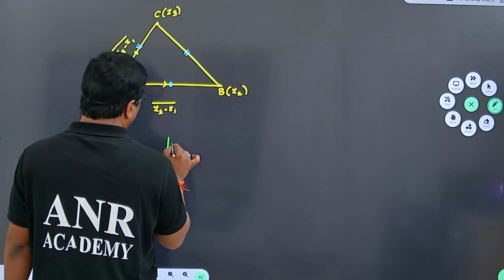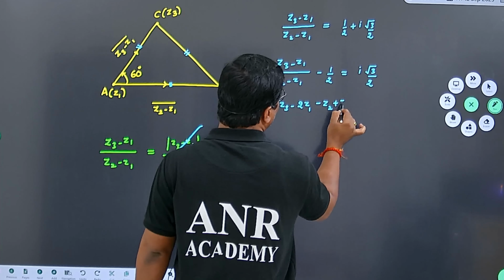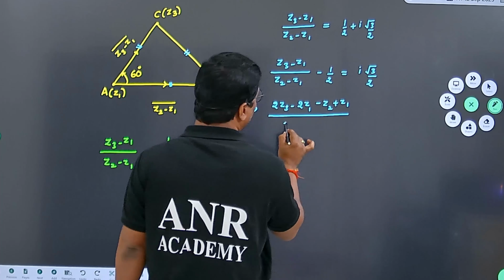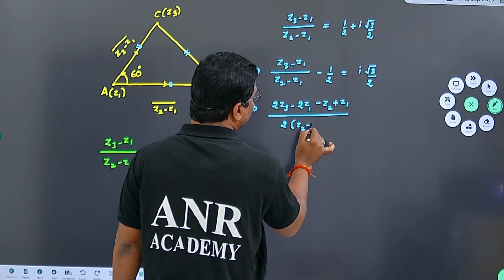Z3 minus Z1 divided by Z2 minus Z1 minus half equal to i root 3 divided by 2. On simplifying this, we get 2 times Z3 minus 2 times Z1 minus Z2 plus Z1 whole, divided by 2 times Z2 minus Z1, which is equal to i root 3 by 2. 2 gets cancelled.